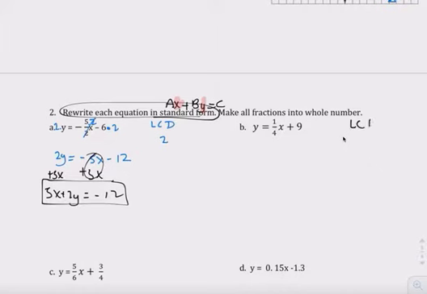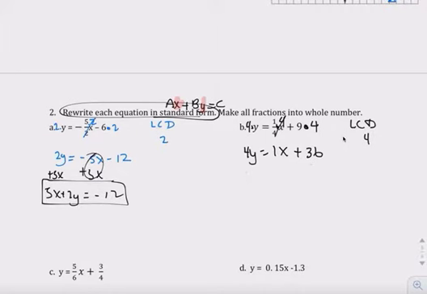Least common denominator is 4 times 4 times 4 times 4. For y equals 1x plus 36, minus 36. No, don't get rid of the constant.